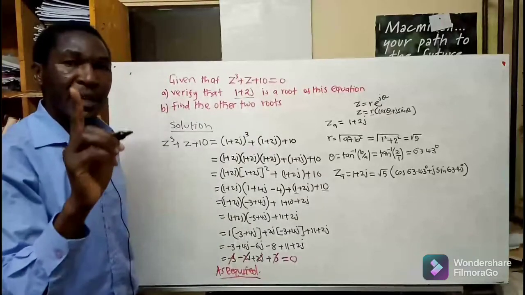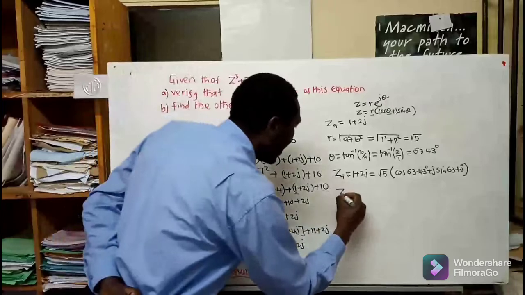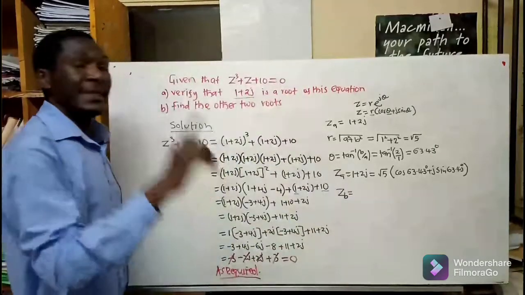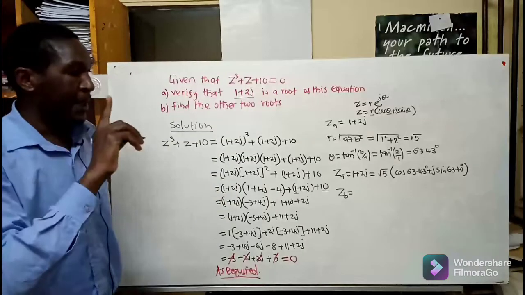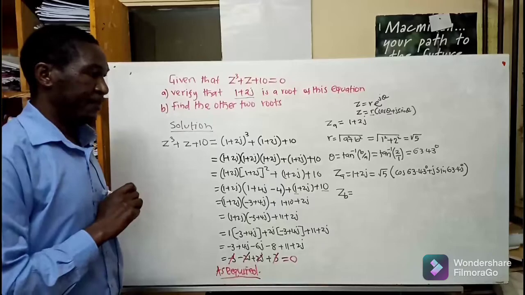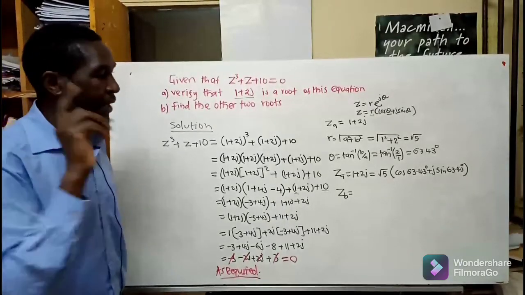So we need to get 2 more roots of that kind. The other one, we can call it ZB. It is going to be the same magnitude but a different argument. Same magnitude, different argument.